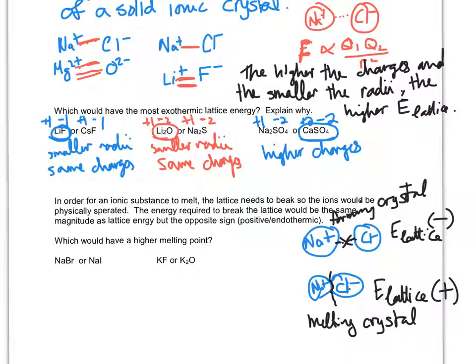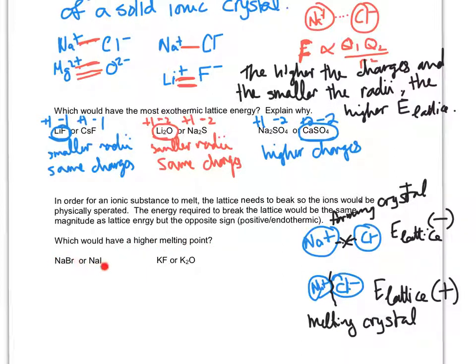So this question is asking you which would have a higher melting point. Well, higher melting point means I need to heat it to a higher temperature in order to get it to melt. So that means if I have a higher melting point, there are stronger intermolecular forces that I need to overcome. There is a stronger lattice energy that I need to break in order to melt it. So whichever has the higher lattice energy is going to have a higher melting point.